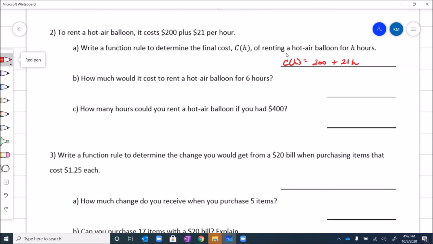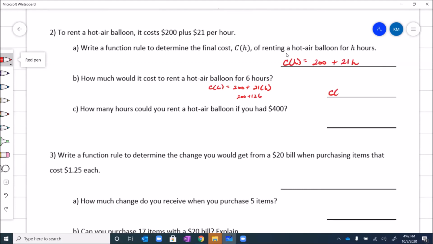Well, the cost for 6 hours would be 200 plus 21 times 6, 126 plus 200, 326. And so $326.